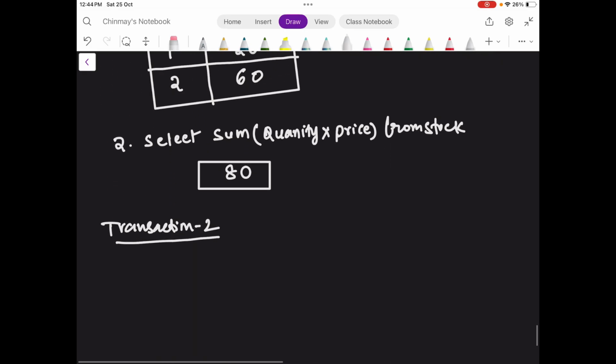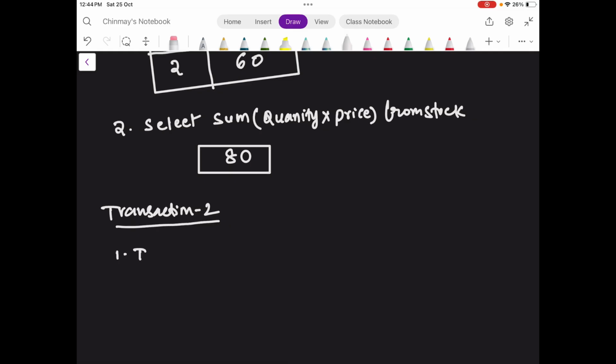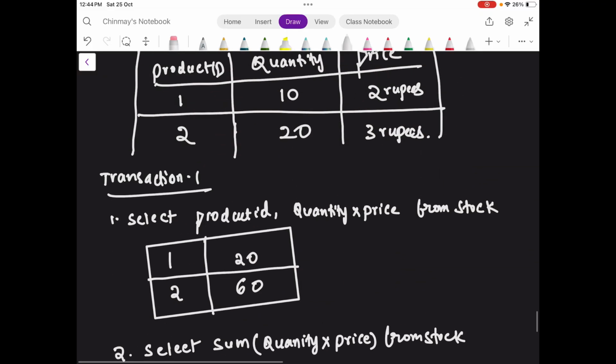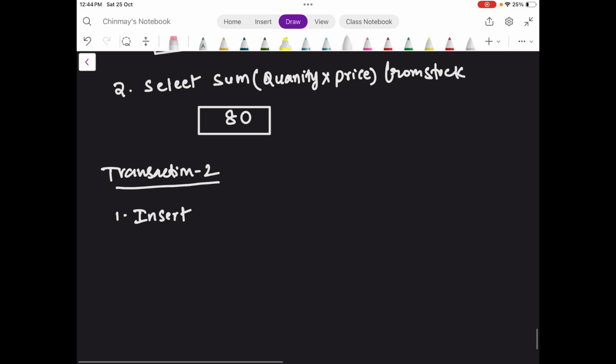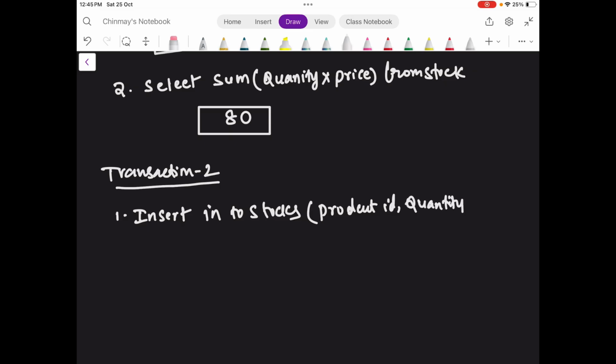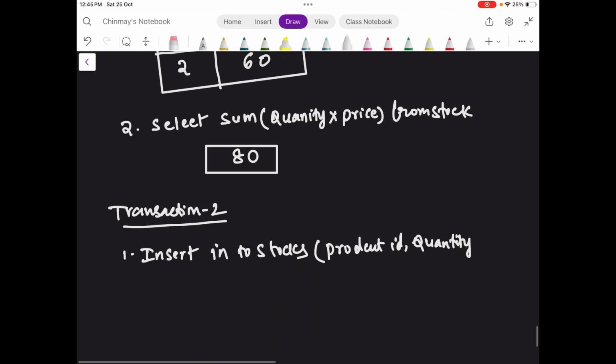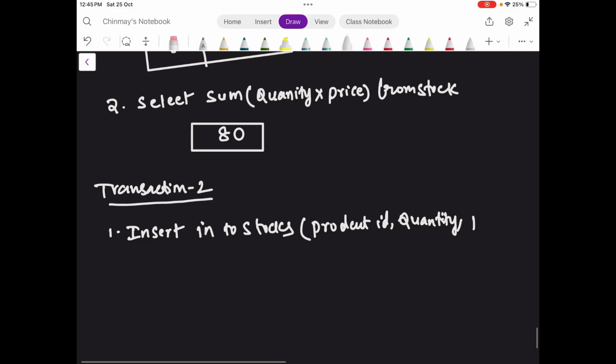An insert statement: insert into stocks, product ID, quantity, price, values product ID 3, quantity is 5, and price is 4. This is transaction 2.